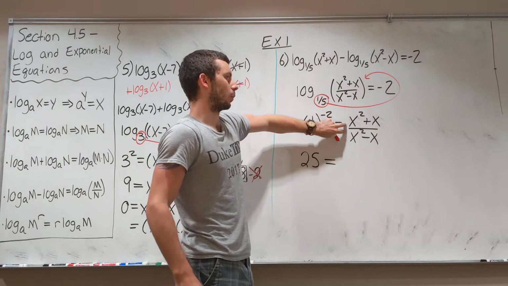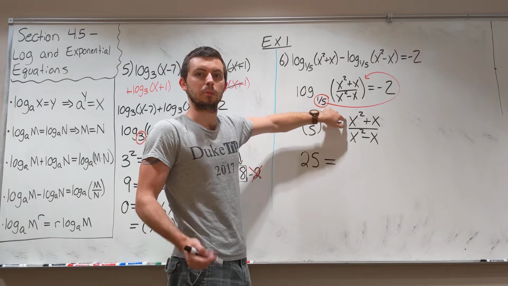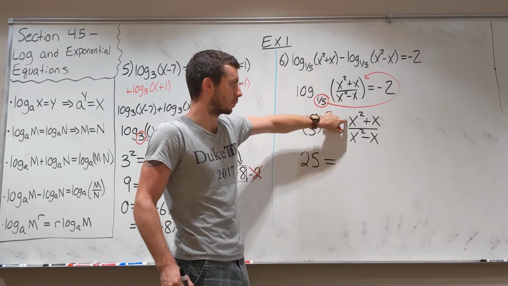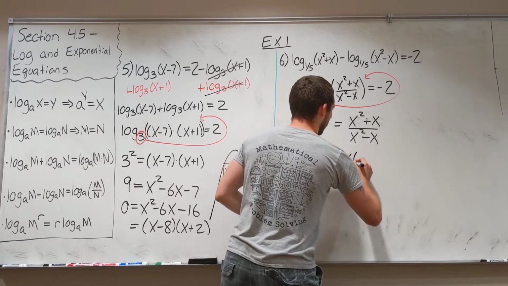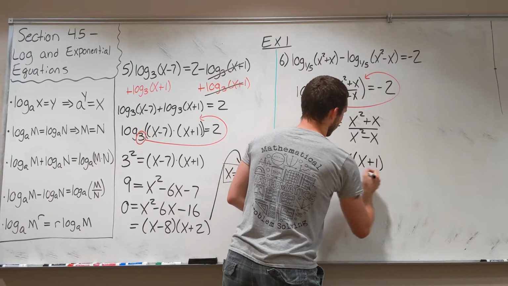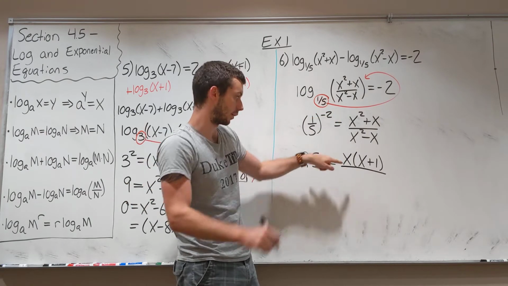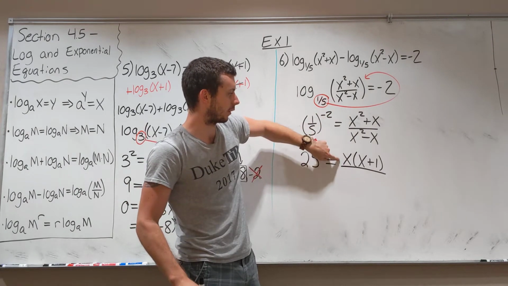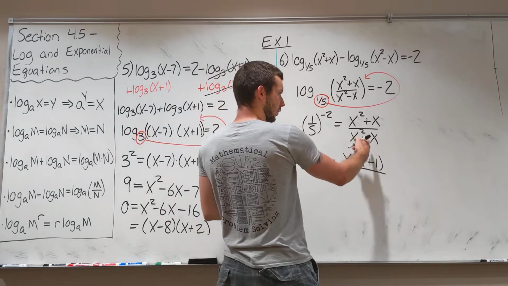And so kind of the motivation behind it, the numerator can be factored. The numerator, there's x's in both terms, so you can factor out an x. In the numerator, you can factor out an x from both terms, as I did here. So factored out an x plus 1. Denominator, same idea, it's just there's a minus.